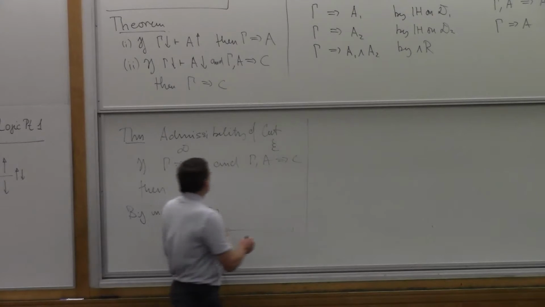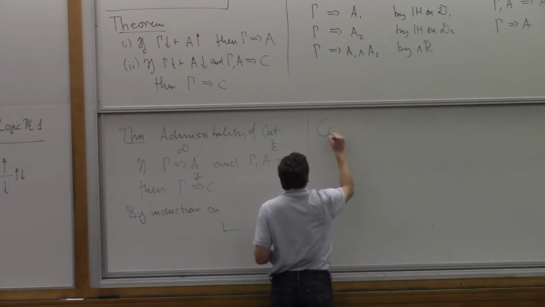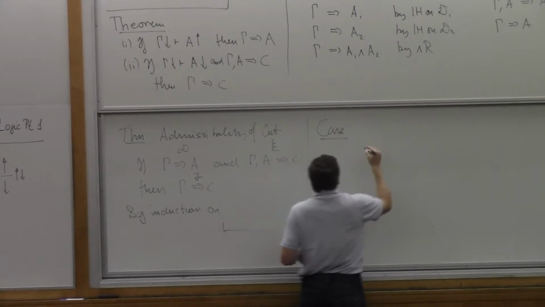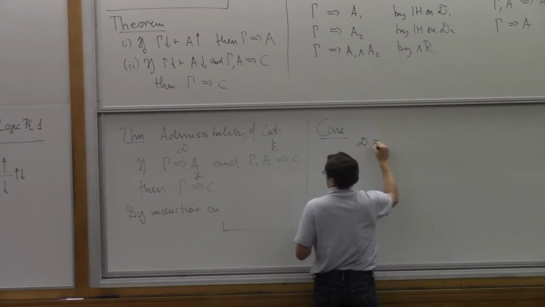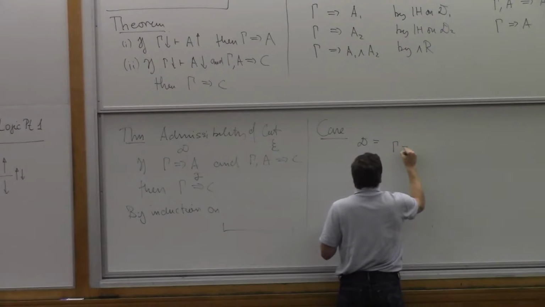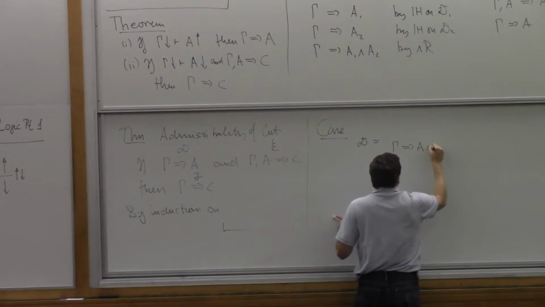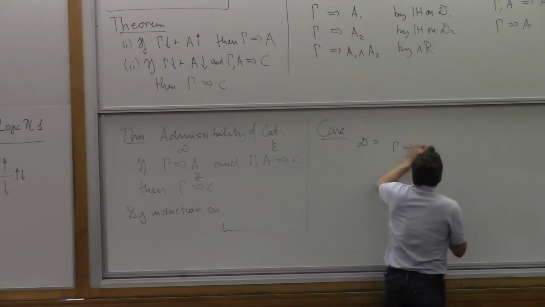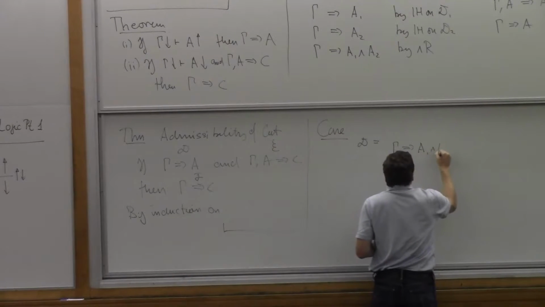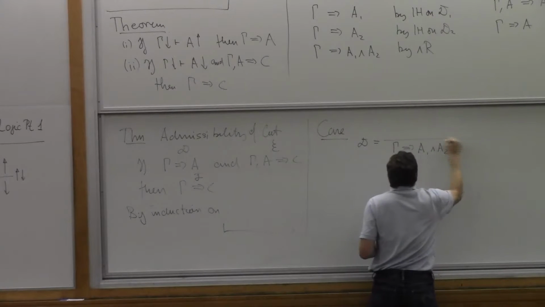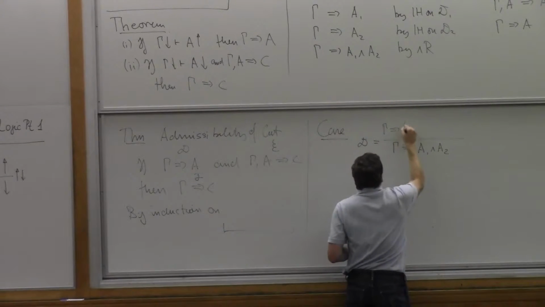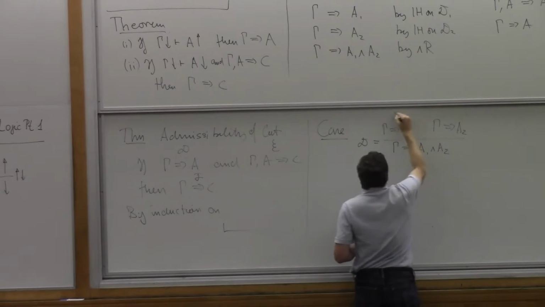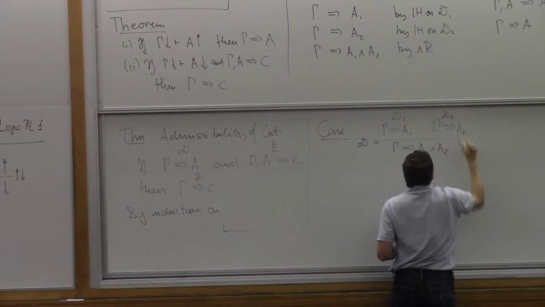So I only write down one particular case, and the case I want to consider is where D is the right rule. Actually, I should say A1 and A2. Gamma arrow A1, gamma arrow A2, call this D1, call this D2.